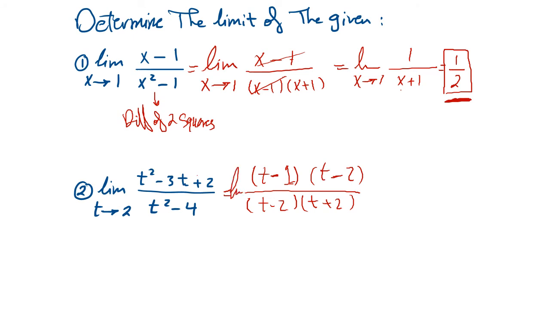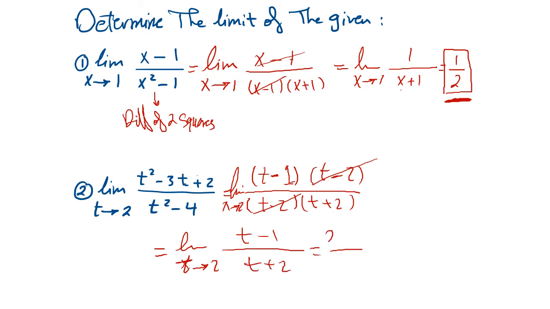Here is the limit as t approaches 2. So by cancelling t minus 2 with t minus 2, the limit as t tends to 2 of (t minus 1) over (t plus 2) is equal to (2 minus 1) over (2 plus 2), which is equal to 1 over 4. So the right answer is a quarter.